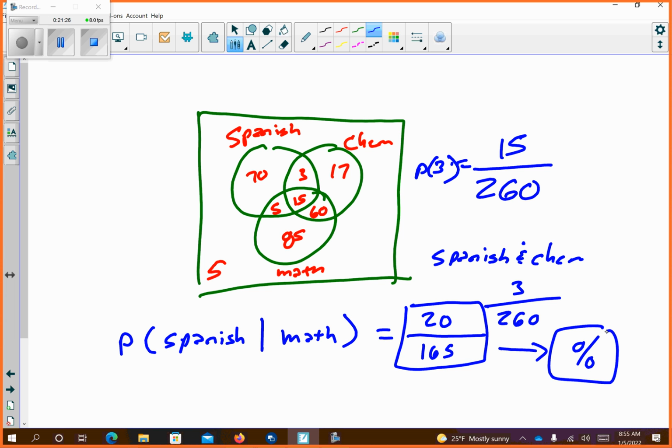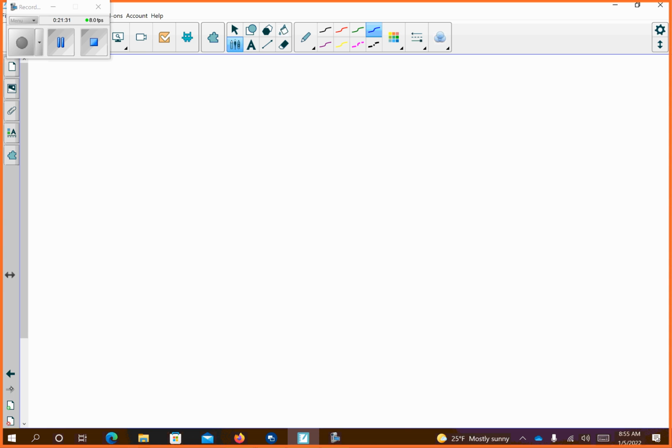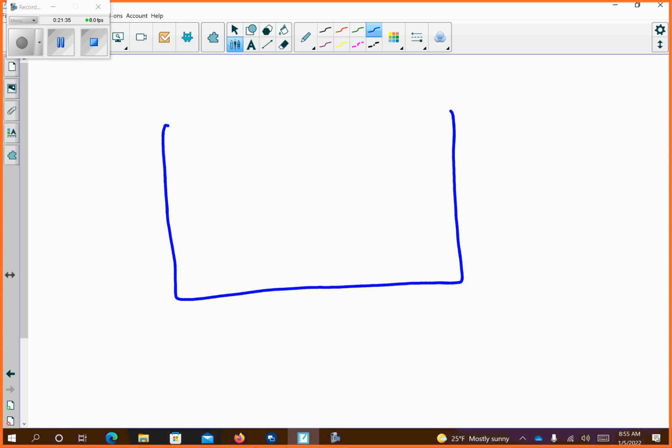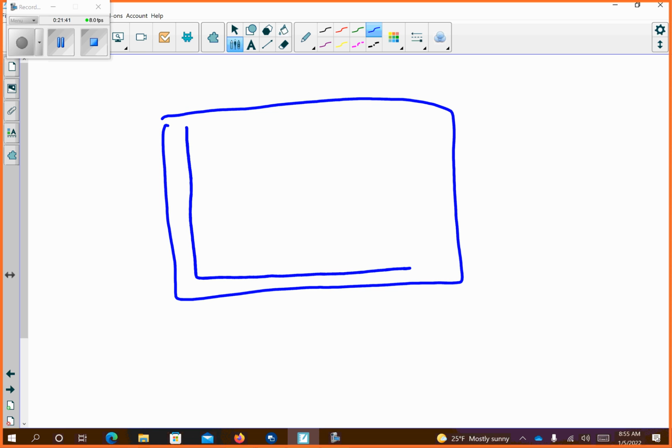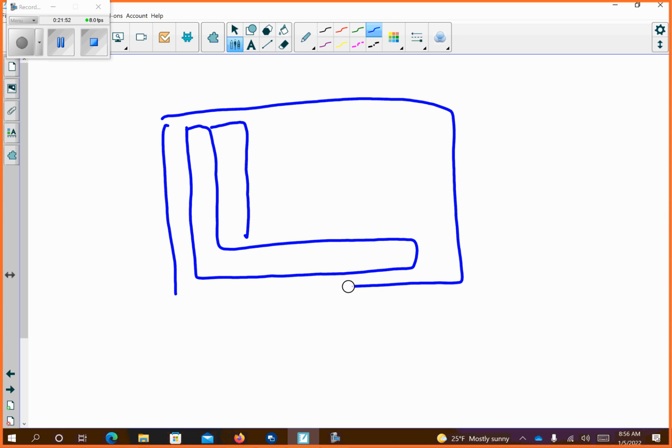Okay? There's one last way Venn diagrams are done. And you don't necessarily need to know this. I just want you to be aware of it. I think I could draw this right. You make L's.